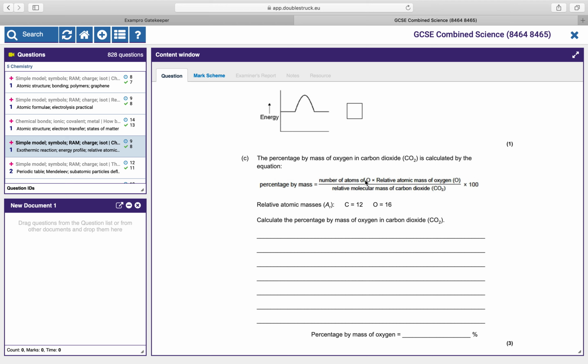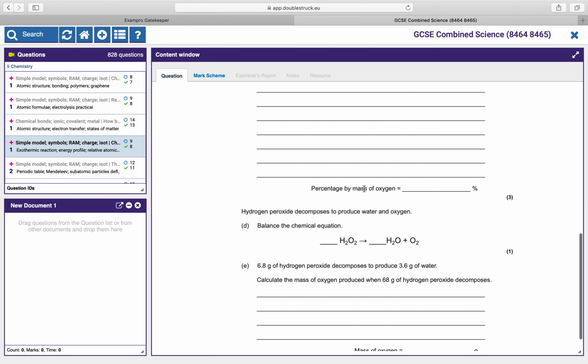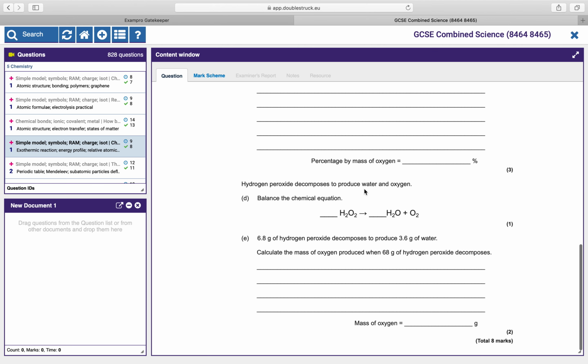Because what they've done there is, if they wanted it to 3 significant figures, really they should have put 12.0 and 16.0. Don't worry about that though. Anyway, 72.7%.